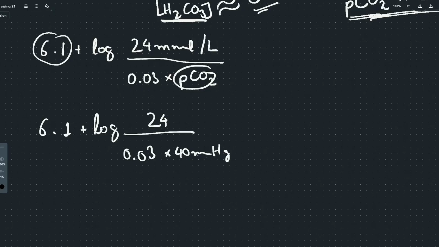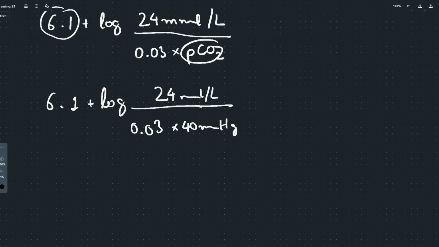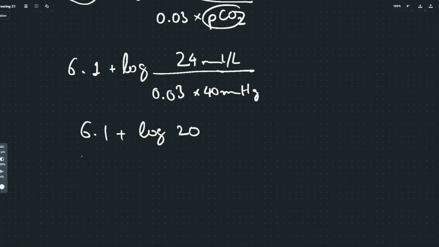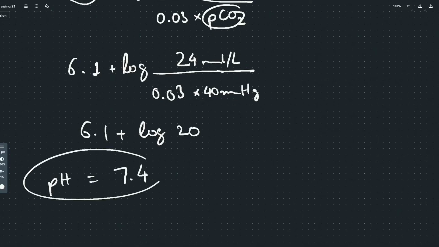These are the normal values, and if we substitute and calculate it, ultimately we will get 6.1 plus log 20, and if we calculate the whole value, we will get a pH of 7.4, which is the normal pH of our blood.